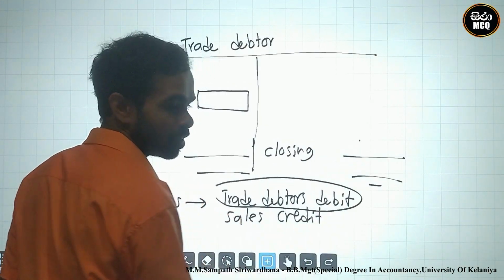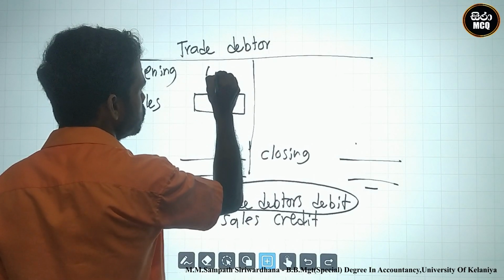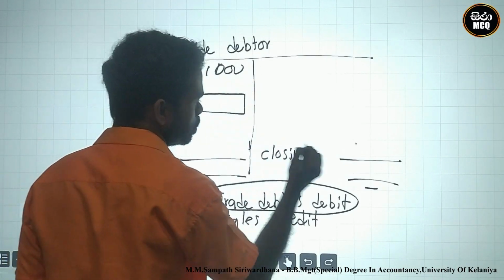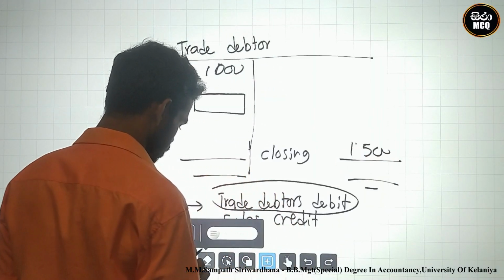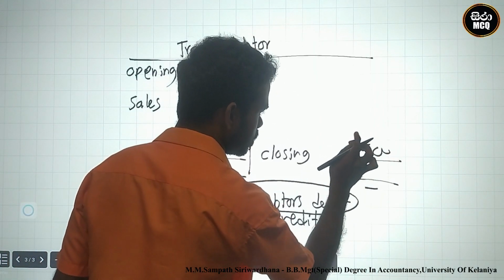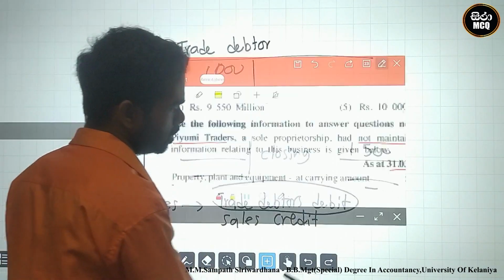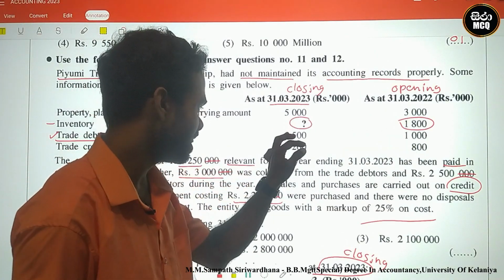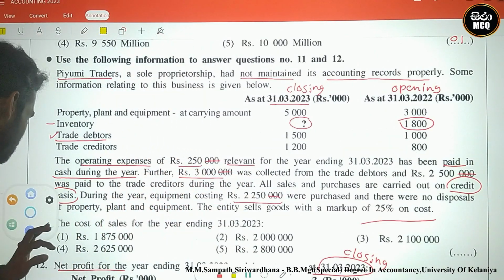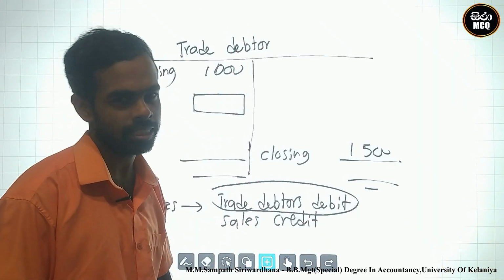Closing is before this one. 1000 is opening, closing is 1500. This is the opening trade debtors and this is the closing trade debtors.